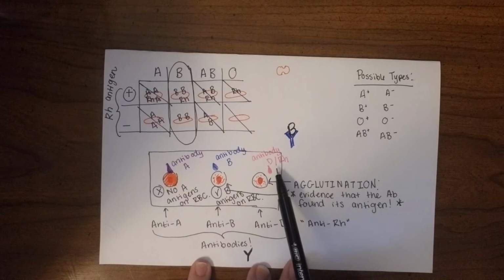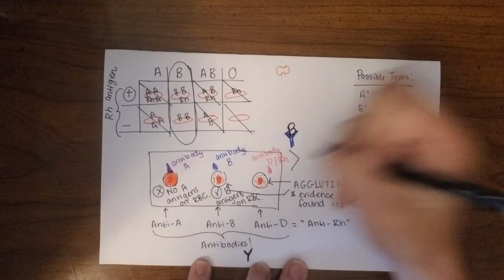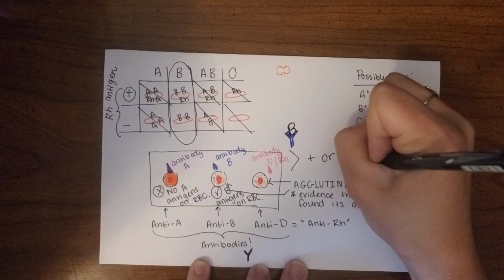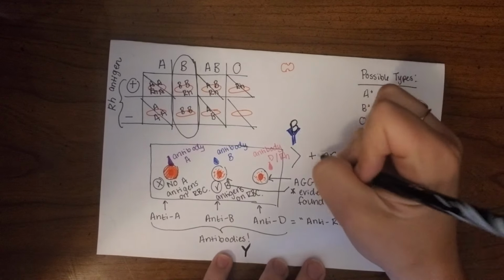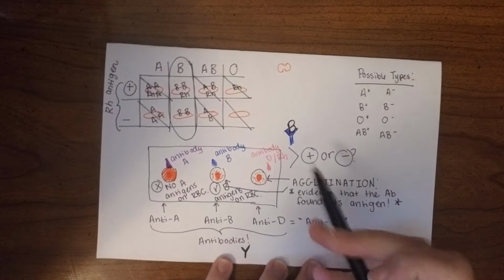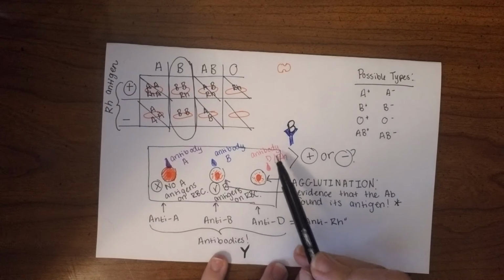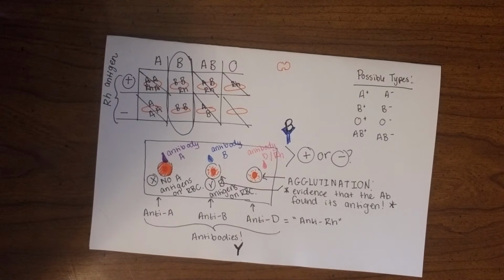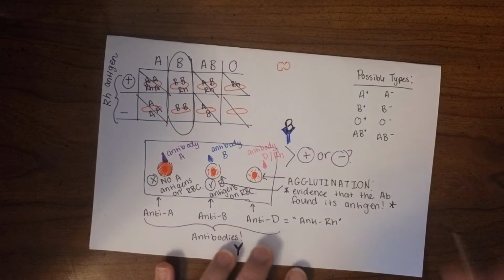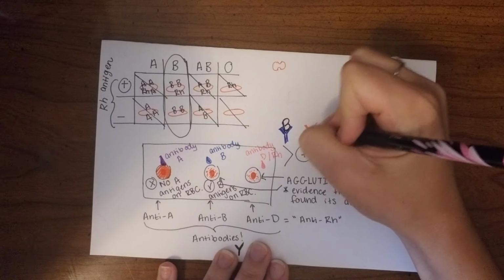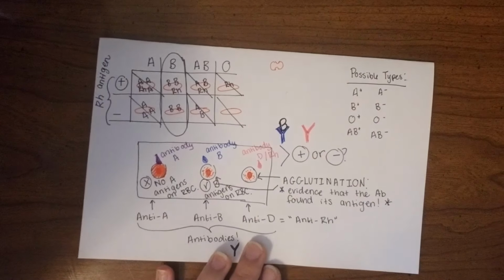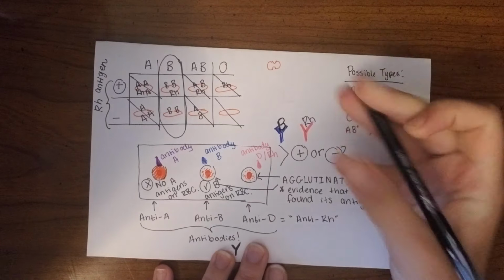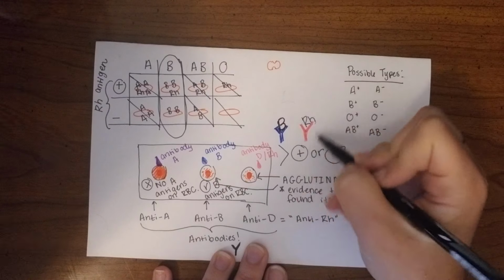And that's where this comes in. This last antibody is where we say positive or negative. So we see clumping when we treated it with an antibody against Rh. So that means that this little antibody was roaming around looking for Rh antigens, and it found an Rh antigen and it bound.